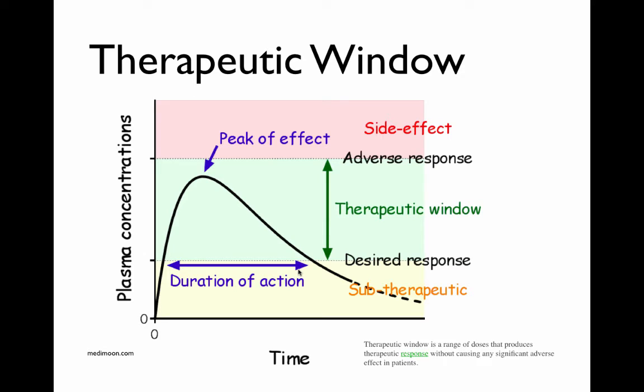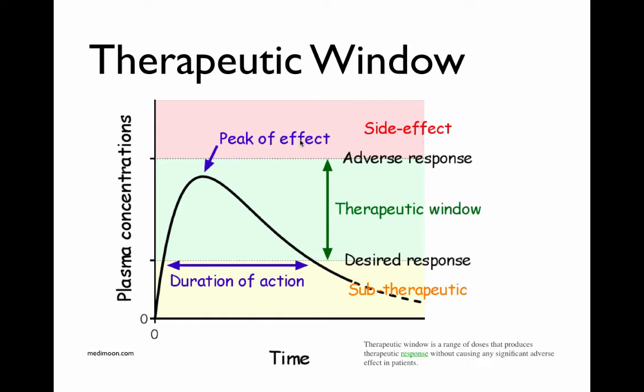Here's your duration of action. And that's in between, this is where the curves cross or bisect the desired response from the subtherapeutic. So down here, the yellow is the subtherapeutic. So in that concentration range, there is no action. The green is your therapeutic window. So that's the area where your desired response is.